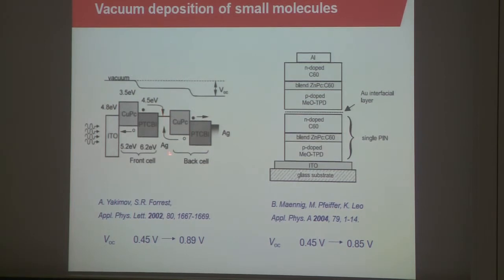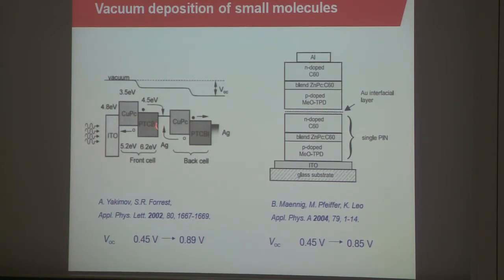They still use a metal electrode here, and the big step came also from Karl Leo's group in Dresden, and we'll hear more about that in this conference from Moritz Riede, I think tomorrow in the afternoon, on PIN junction solar cells, where they use doped semiconductors, so basically metallic organic materials, to make this connection layer.